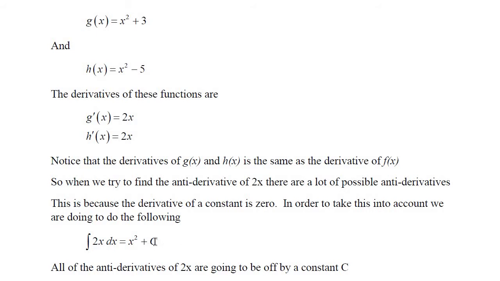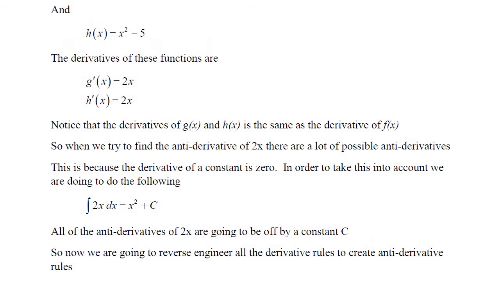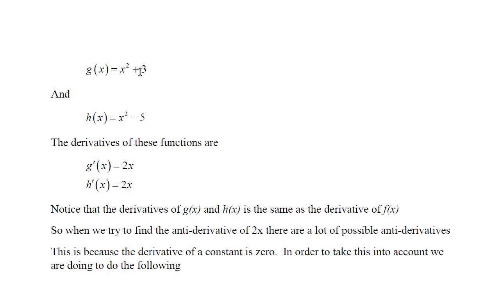We won't necessarily know what that constant is, but we do have to account for it. All of the antiderivatives of 2x are going to be off by a constant c. If you look at f, g, and h, the only thing they differ by is that constant.